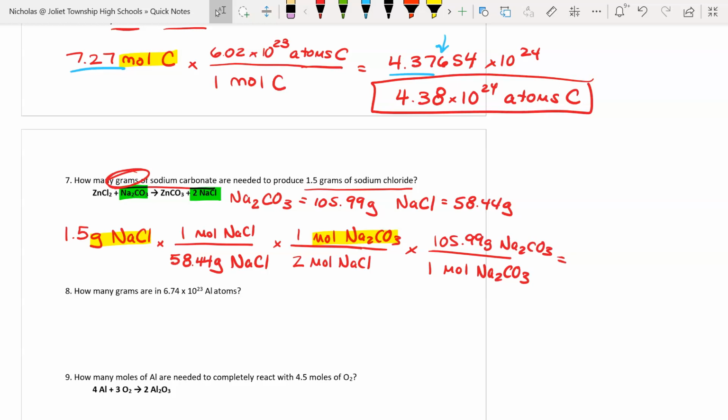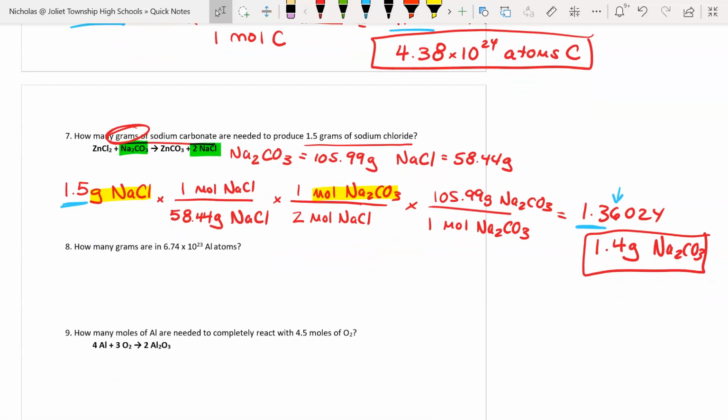Okay, and when I calculate this out on my calculator, I get 1.36024. We have 2 digits that are significant in our given, so I'm going to underline the first 2 digits and look at the third. So I'm going to round this to 1.4 grams of sodium carbonate, so Na2CO3.